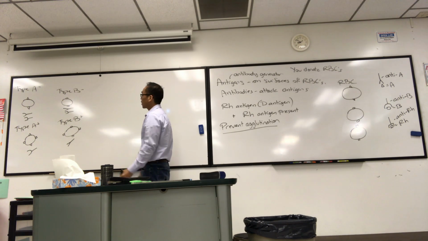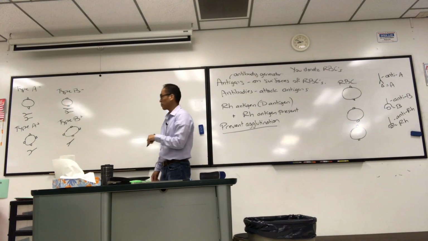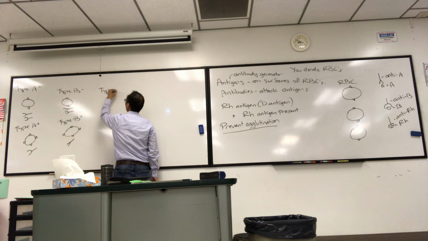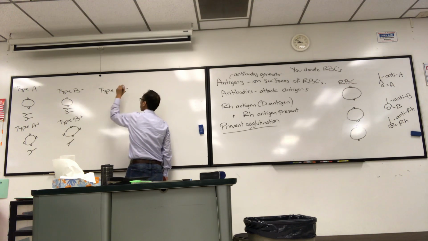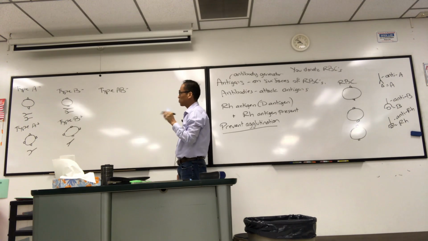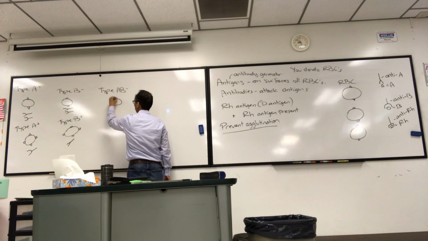Okay, you could be, it's very rare, you could be type AB, positive or negative. Type AB negative means A is present, B is present, both of those antigens. So triangles and circles.